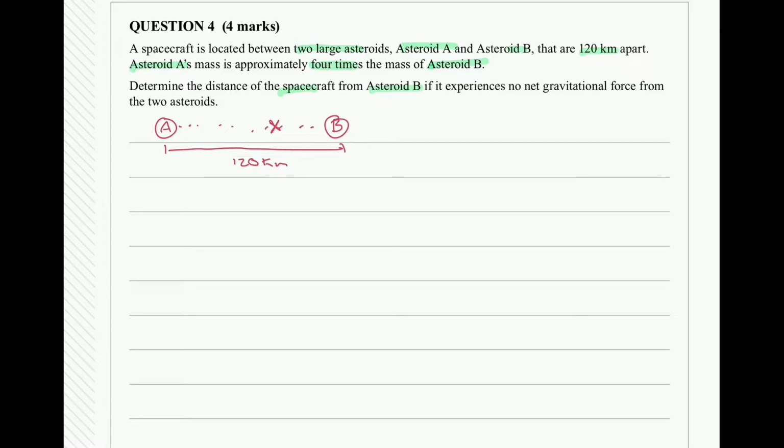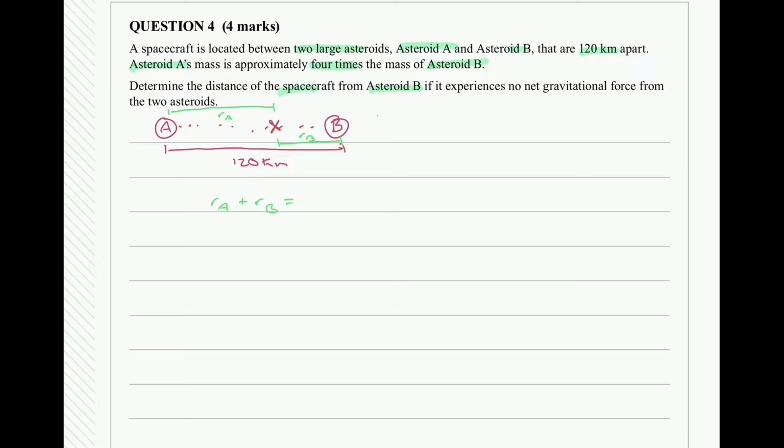Now, I'm going to throw some other terms in there so we can think about what's happening. Our spacecraft is going to be a radius of RA from asteroid A, but it's also going to be a radius or distance from B of RB. So I want you already thinking that we can put RB in terms of RA or RA in terms of RB, because a quick thing to note, RA plus RB is going to be equal to that total distance.